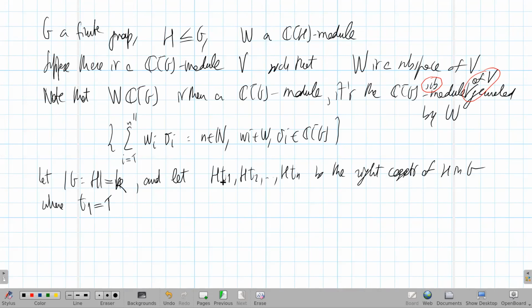I could take any element of H to represent the coset H, but this is simpler.